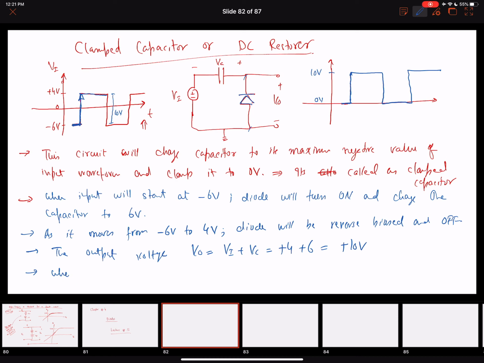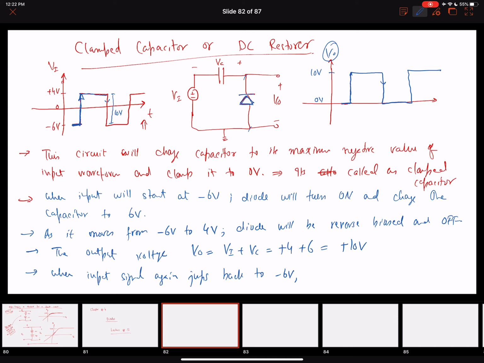Now when the input signal again jumps back to minus 6 volts, the diode will turn on again, and the potential drop across the diode will be 0 volts. The output is going to jump directly to 0.